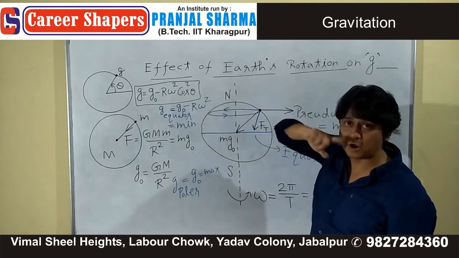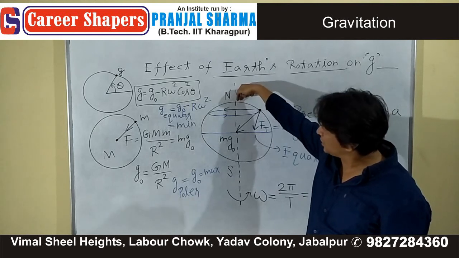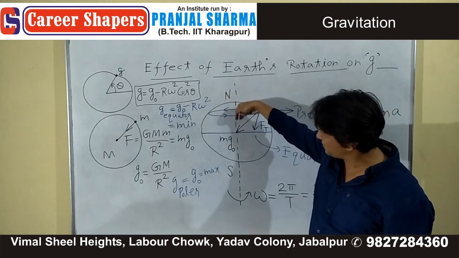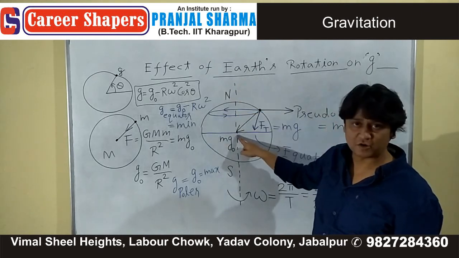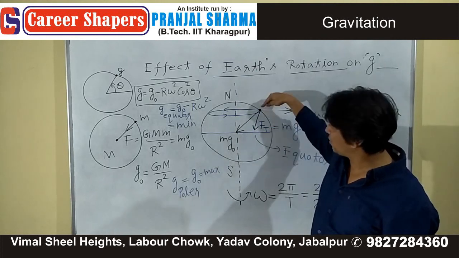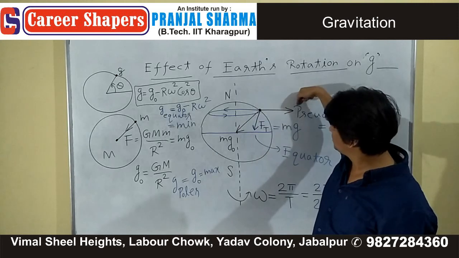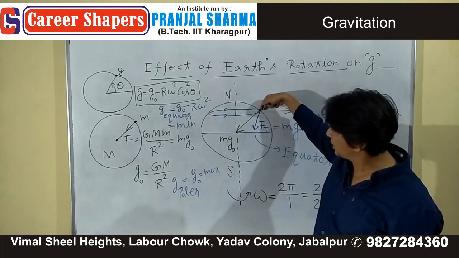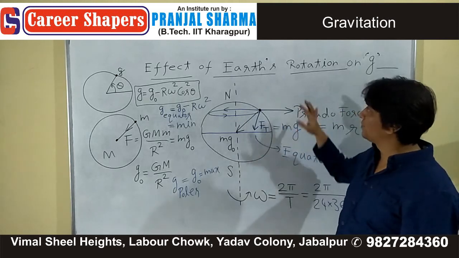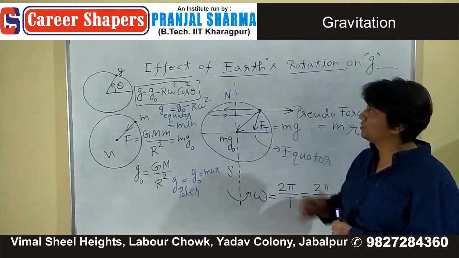So if you drop something at the North Pole and somehow allow it to pass through Earth, it will definitely pass through the center of Earth. But if you drop it from this point, it will not move in this direction because of the presence of this pseudo force. It will move like this. Hopefully you understand the effect of Earth's rotation on G. Note down this much.